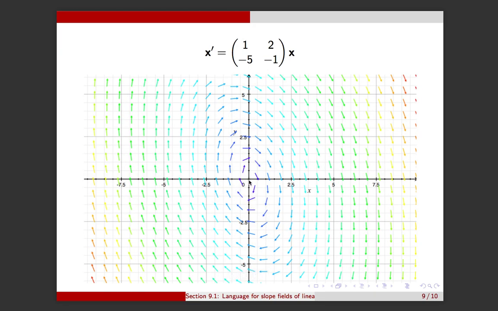If you are at the origin and I knock you right here, what do you do? You don't flow back to the origin, right? You don't get sucked back in, but you also don't get shot off the page. Instead, you fall into an elliptical orbit. Okay, so we need language for that. This is not unstable because the origin is not repelling you exactly, right?